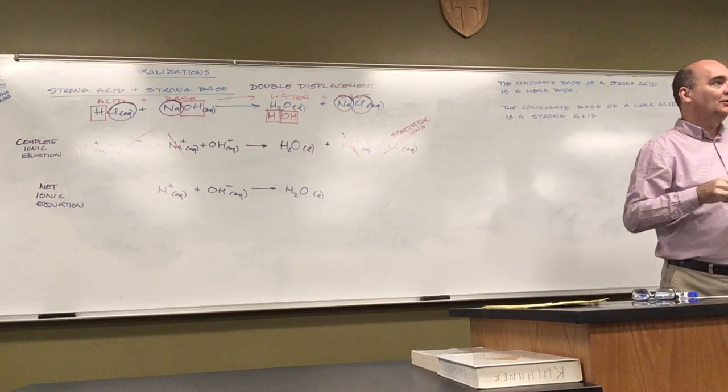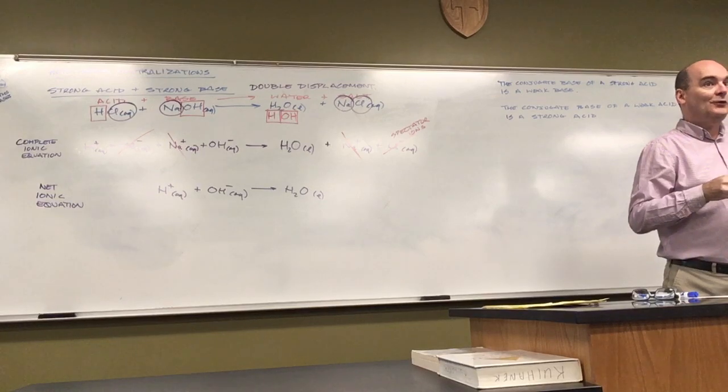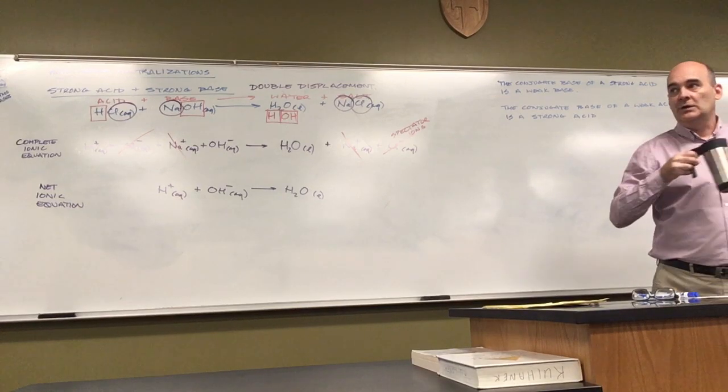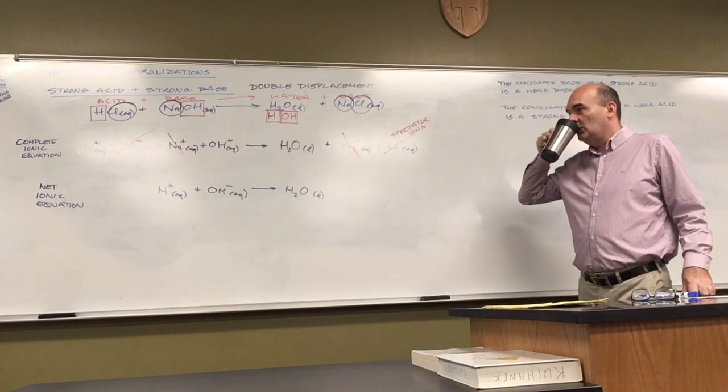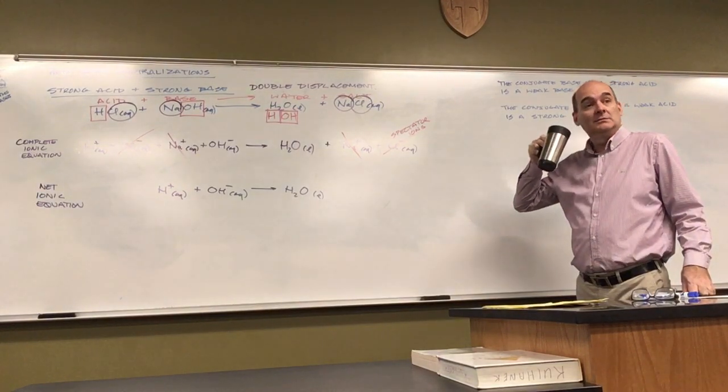Doesn't matter. They're dissociated, 100% in solution. They're just floating around. They're not recombining with anything. They're not making anything. They're just in the way. They're not even in the way.